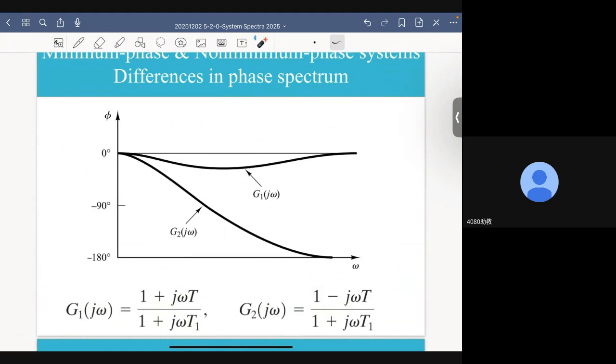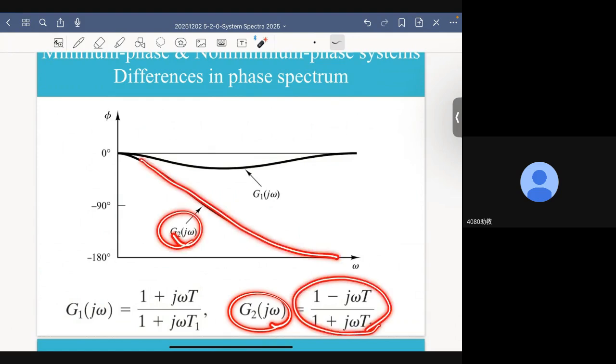This is the phase response of this system, and this is the phase response of this system, which has an unstable zero. As you can see, the phase lag effect is introduced by the unstable zero.